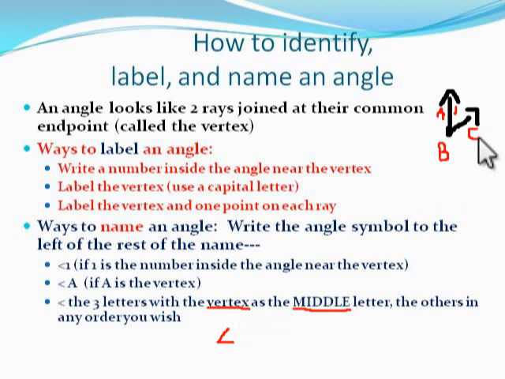So you cannot say angle CAB or ACB. You could do CBA or you could do ABC. You just have to have that vertex in the middle. So I could name this angle CBA, and that would be how I would name it. Okay.